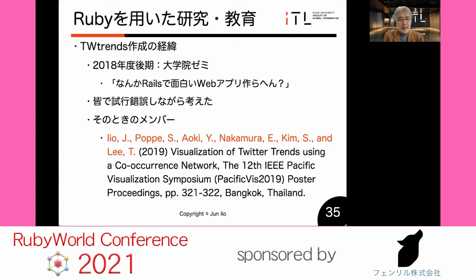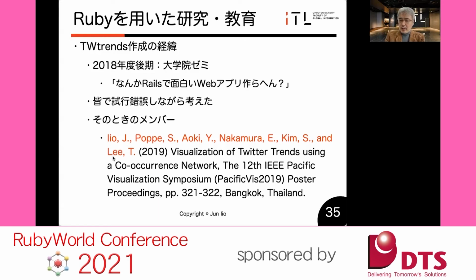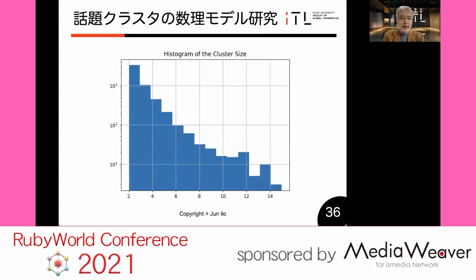So we made a presentation at the Pacific Vis conference. The team members at the time were myself, Poppe-san, Aoki-san, Nakamura-san, Kim-san, and Lee-san. Poppe-san was from Belgium, and Kim-san and Lee-san were from South Korea. It was a very international team, with very fun members to work with.